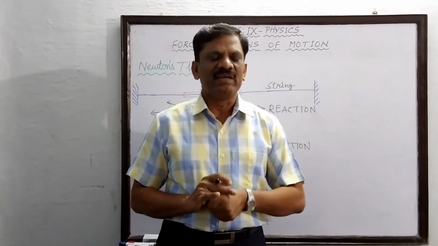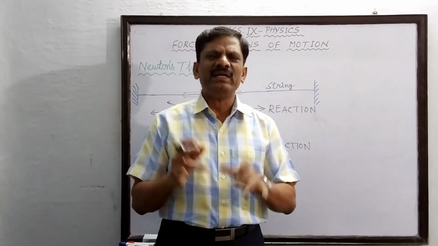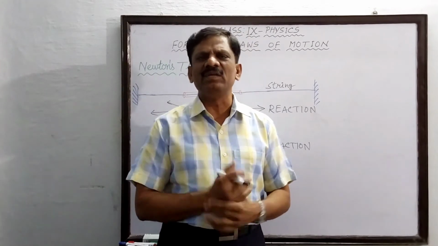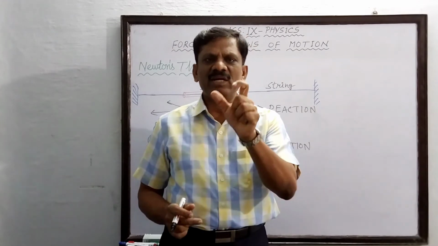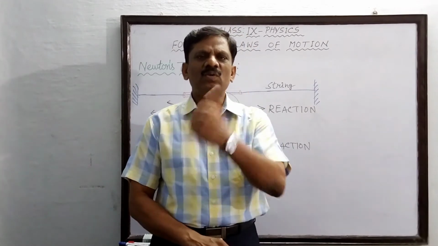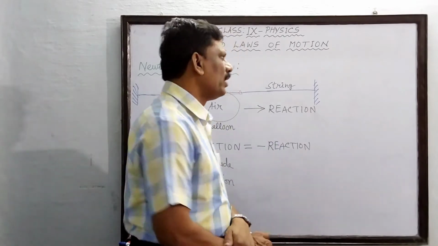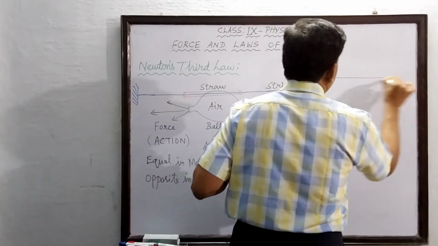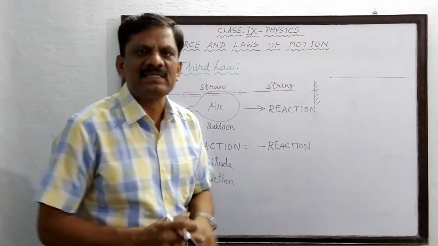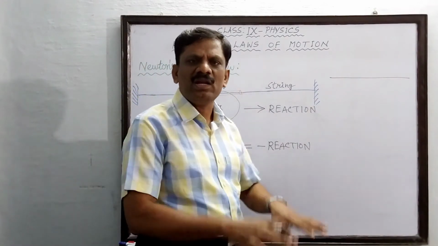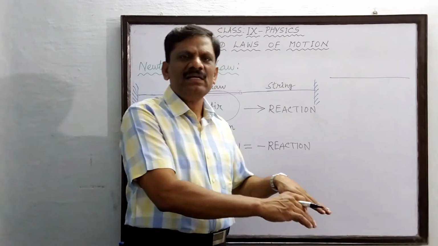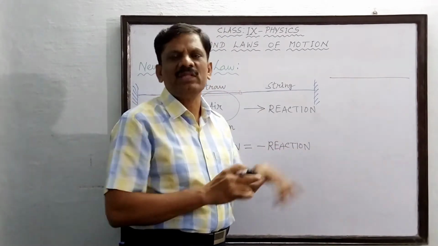In our everyday life, if you observe, so many activities are based on Newton's third law. To every action there is an equal and opposite reaction. How is walking possible? Let us see now. Walking, or let us say running. In a running race, you must have seen the athletes first sitting on the ground. On your mark, then set, then go, they will say.